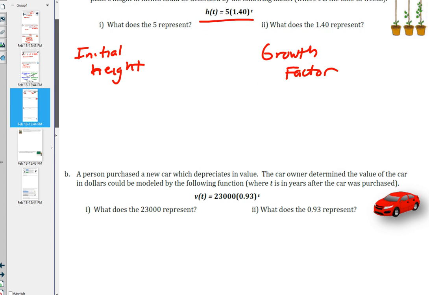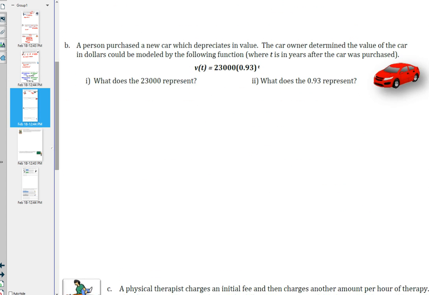A person purchased a new car which depreciates in value. The owner determined the value of the car. Okay, they've already modeled it for us. What does the 23,000 represent? Yeah, the purchase price of the car. That's how much you bought it for.